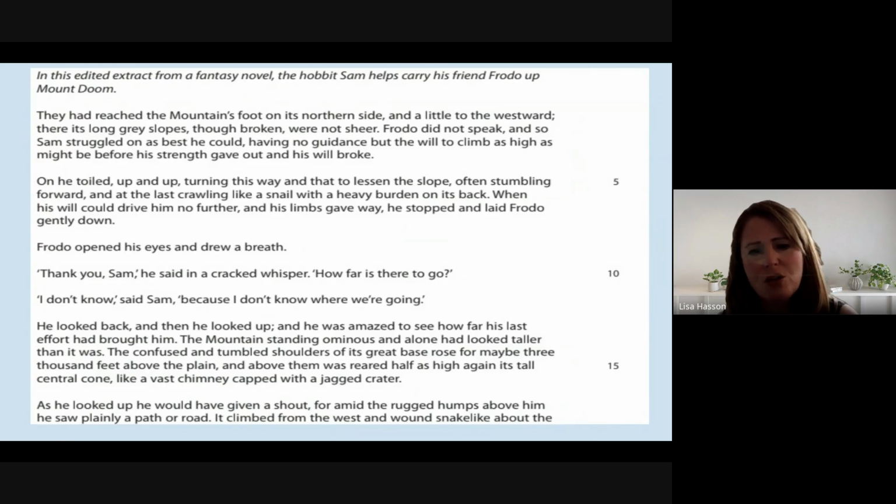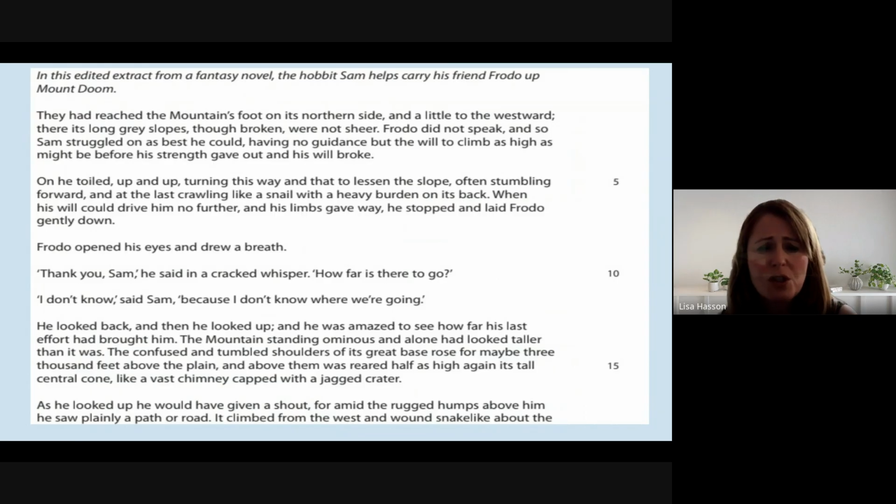Frodo opened his eyes and drew a breath. "Thank you, Sam," he said in a cracked whisper. "How far is there to go?" "I don't know," said Sam, "because I don't know where we're going." He looked back and then he looked up, and he was amazed to see how far his last effort had brought him. The mountain, standing ominous and alone, had looked taller than it was.